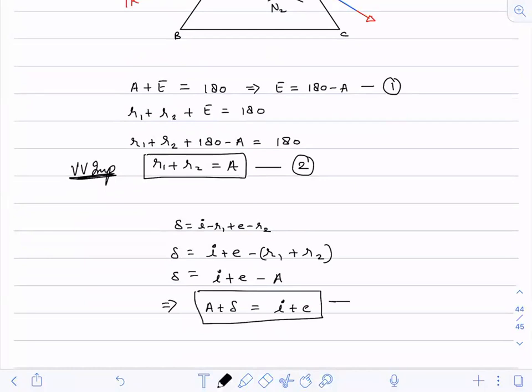Let us name this one the third equation and this one the fourth equation. This is a very, very important equation for you.